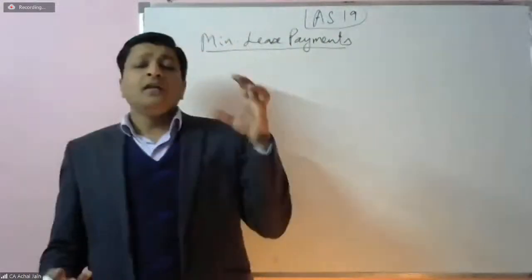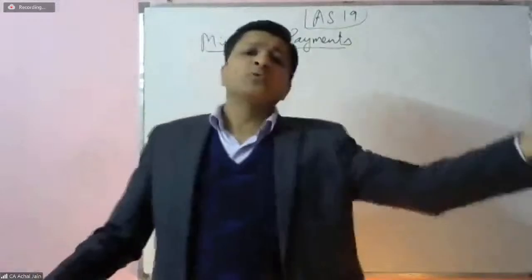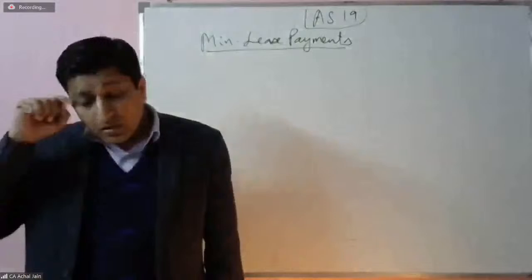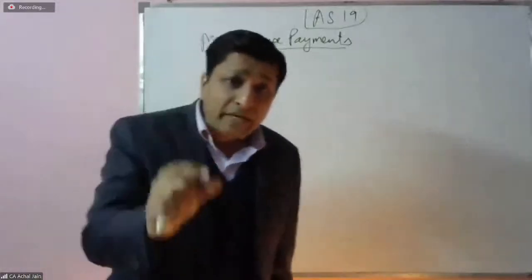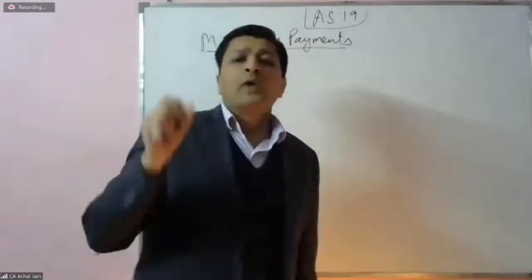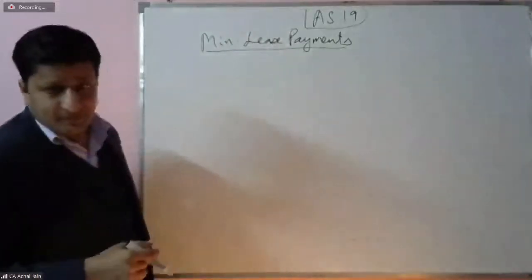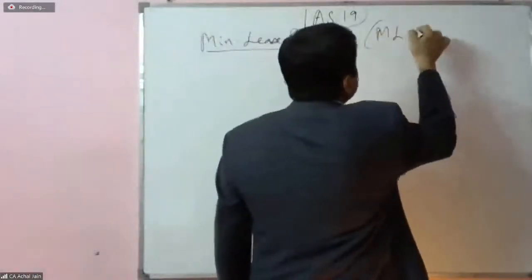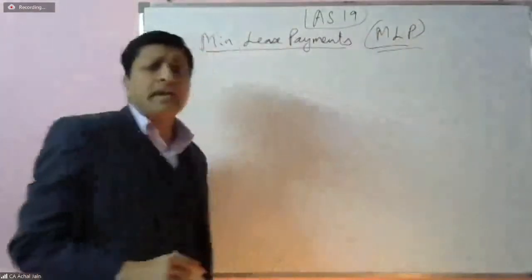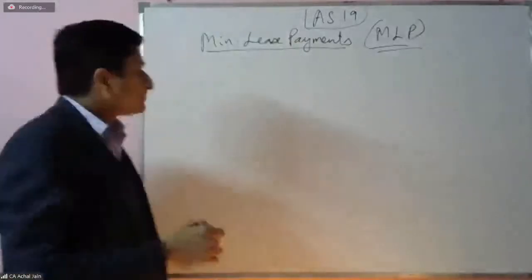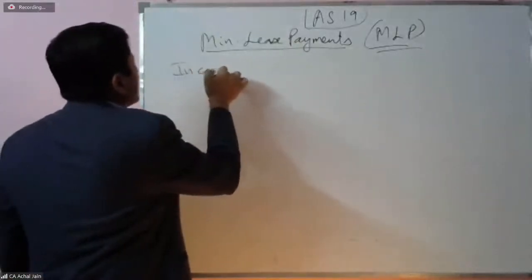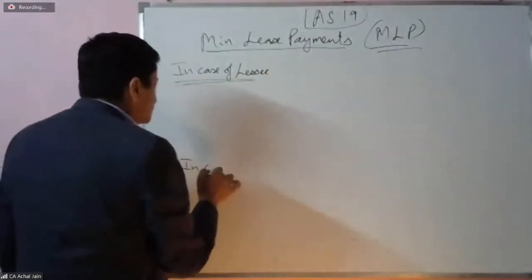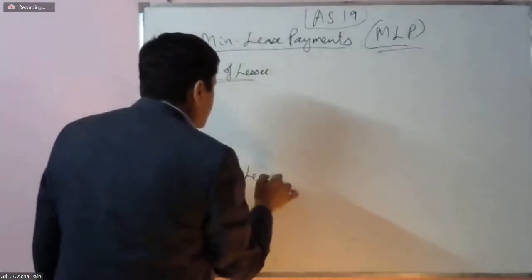Lease payments mean the payments which will be made by lessee to the lessor. Minimum lease payments means the minimum payments which the lessee will be required to make to the lessor. But this minimum lease payments, which is also termed as MLP, has to be looked at from two perspectives: in case of lessee, and in case of lessor.